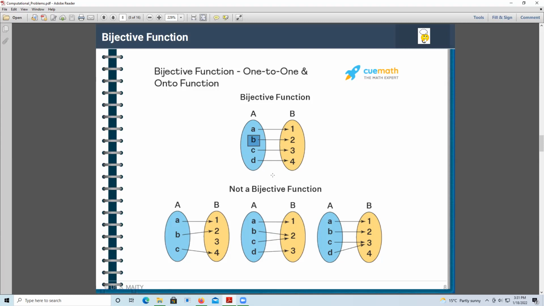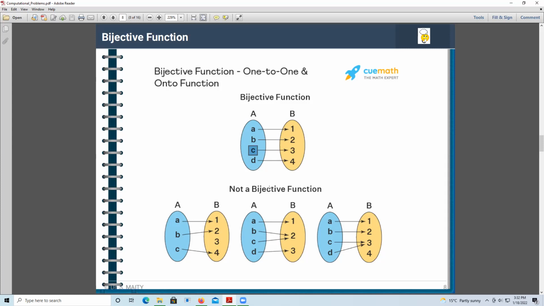The definition of a function said, for every single input, you should get exactly one output. Now, what is the bijective function definition saying? It says that for every single output, you are getting exactly one input. So observe that this definition is exactly the opposite of the definition of a function.